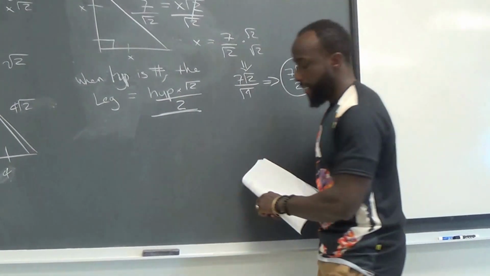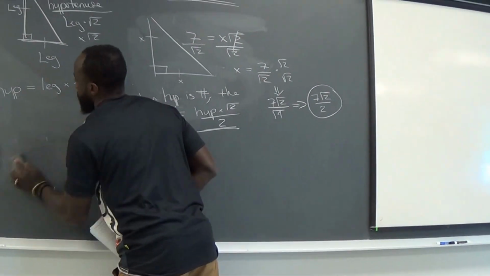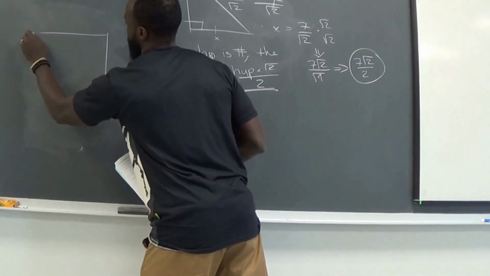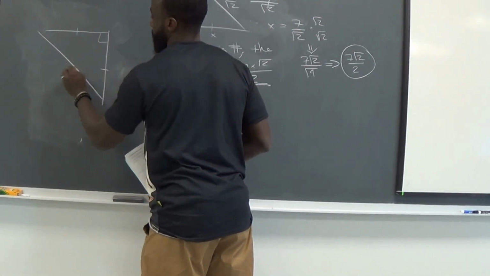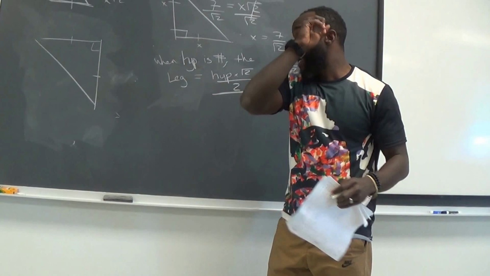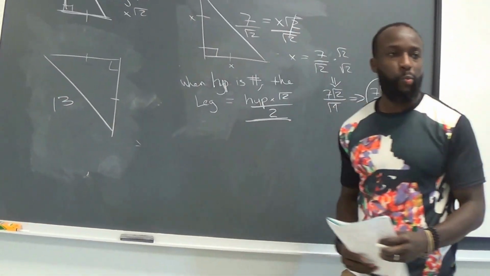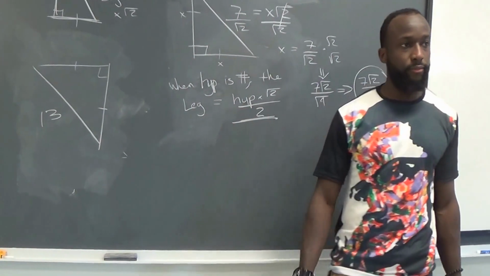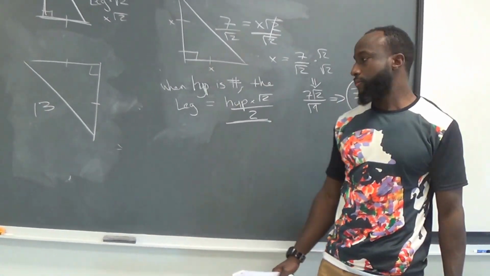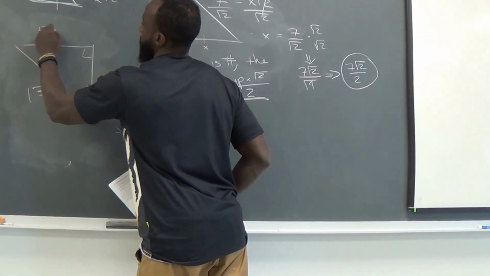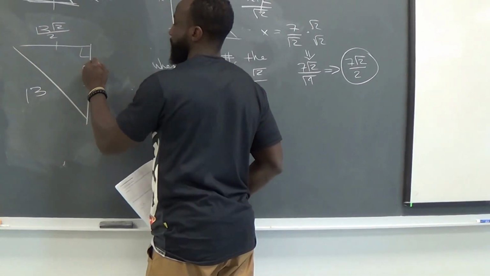Let's look at another example. What if I have a right triangle like this, and I say the hypotenuse is 13? What would the legs be? 13 root 2 over 2.